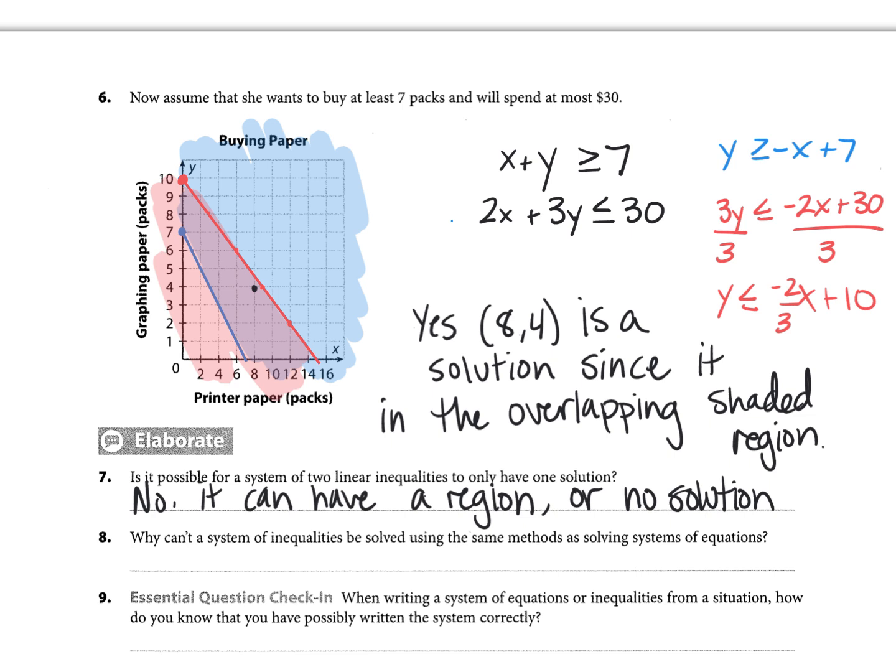Why can't a system of inequalities be solved using the same method as solving systems of equations? If we were to use the elimination method, we can't plug back in a range.